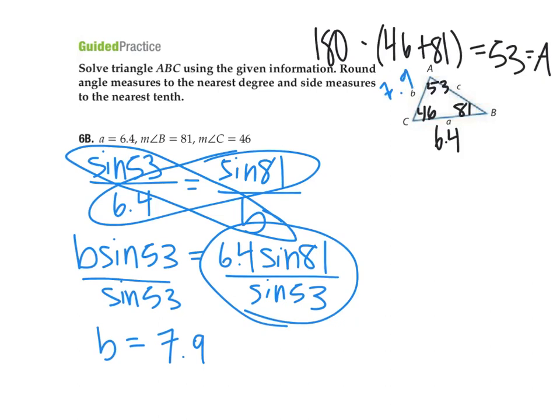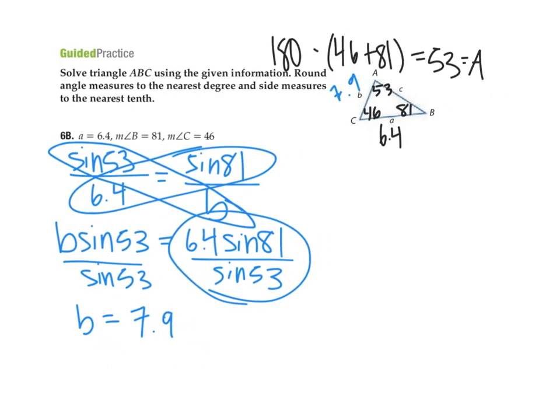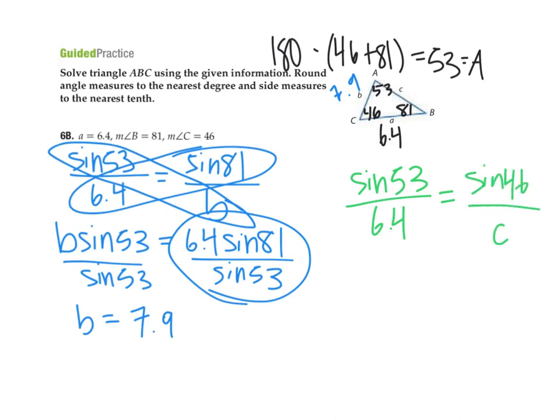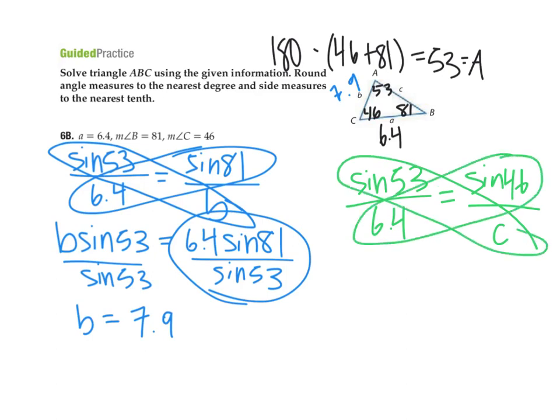All right, and for the last side, side C, we can actually use the law of sines again to solve for side C. So let's set it up. We can say the sine of 53 over 6.4 is equal to the sine of 46 over side C. We can cross multiply here. C times the sine of 53 is equal to 6.4 times the sine of 46.